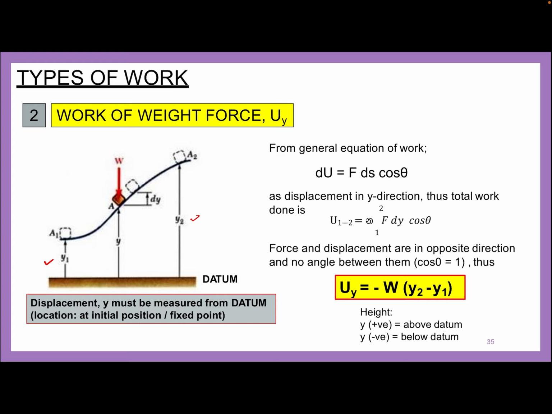Force and displacement are in opposite direction and no angle between them, so cos 0 is equal to 1. Thus, Uw equal to negative W (y2 minus y1).